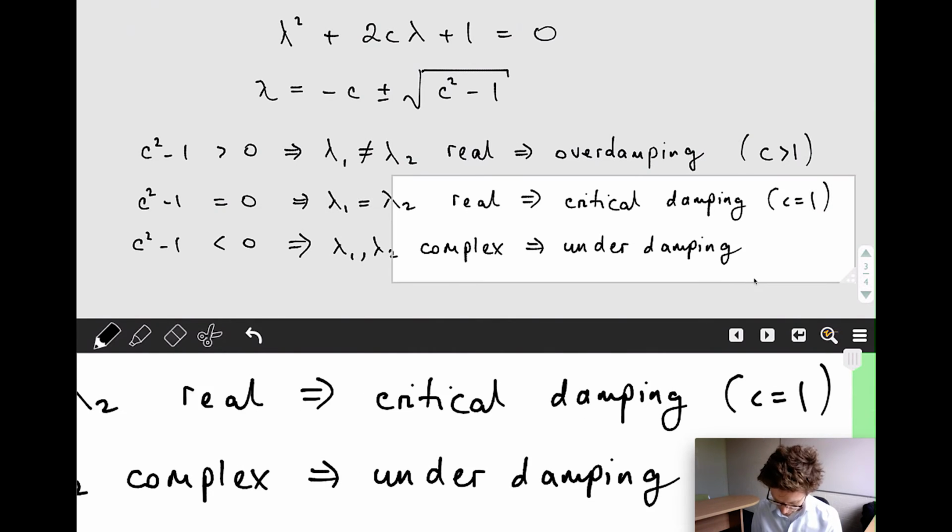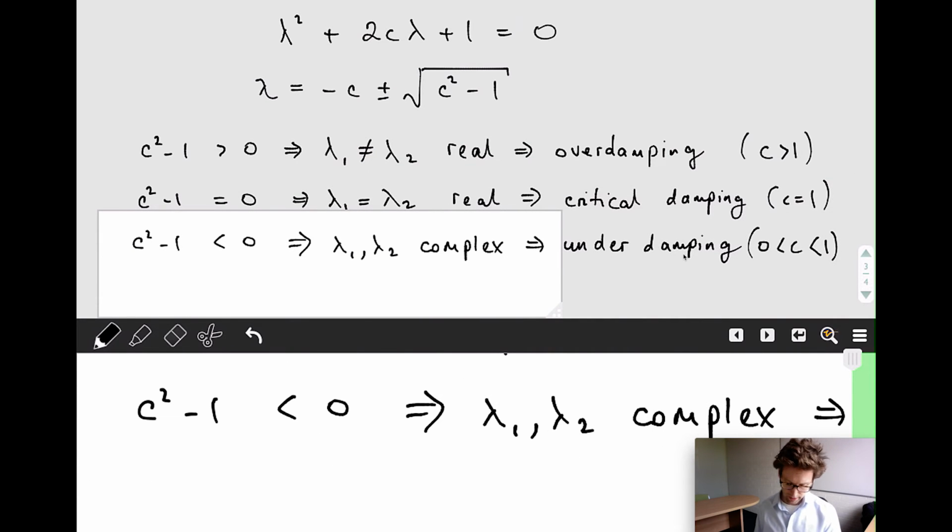So that's going to happen when c squared is less than 1, or when c is less than 1. So we have c is less than 1, but we also want it to be positive because we're looking for damping. We want decaying solutions. Even though they're oscillating, we want them to decay.